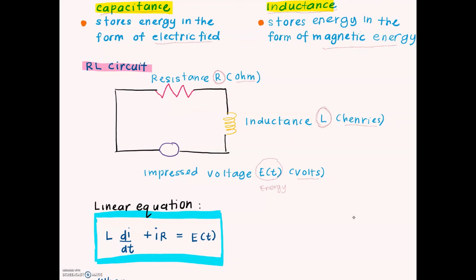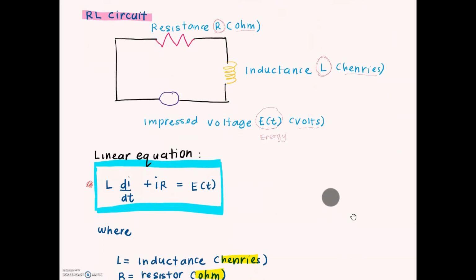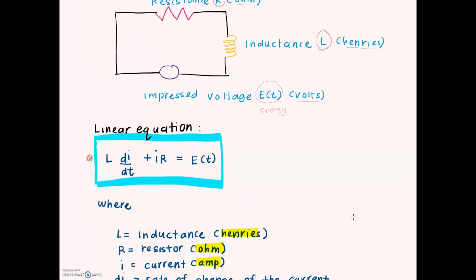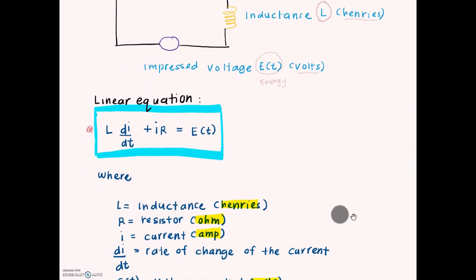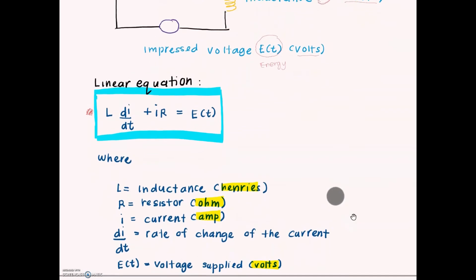The linear equation for this model of the RL circuit is given as: L di/dt plus IR equals E(t). You have to remember all the symbols here.